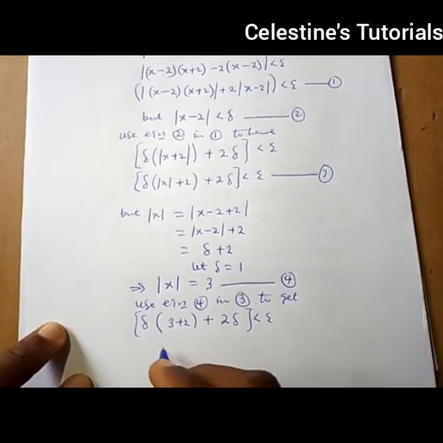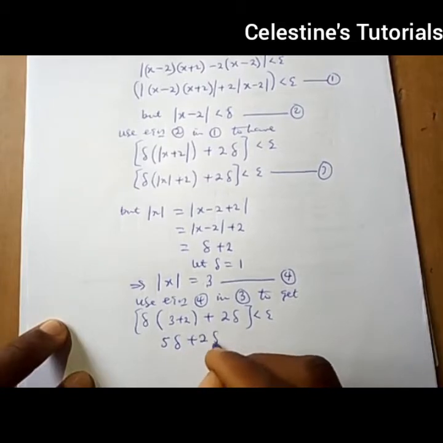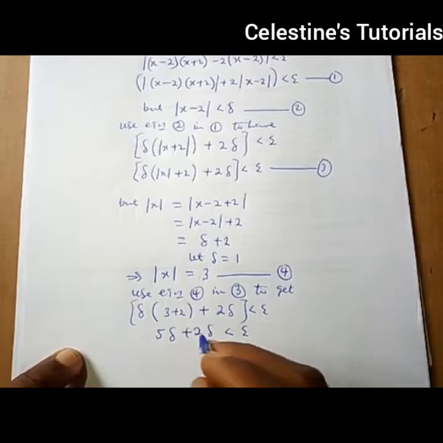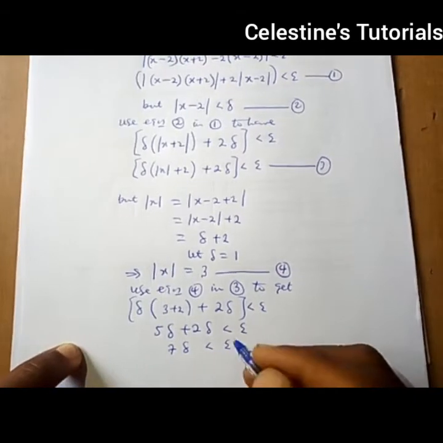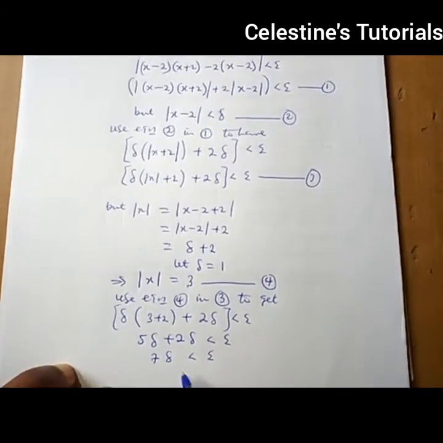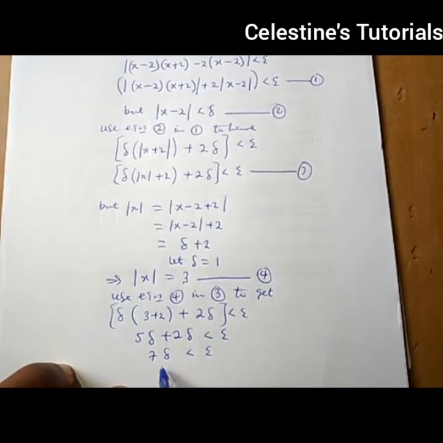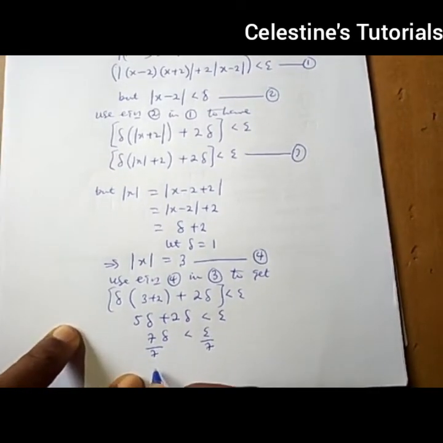So open bracket, here you have 5 delta plus 2 delta less than epsilon. So you add this, you now have 7 delta less than epsilon. So now what you have here is you divide through by 7. Delta is now less than epsilon over 7.